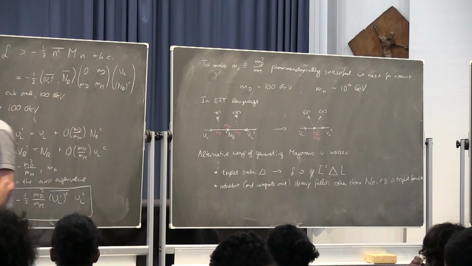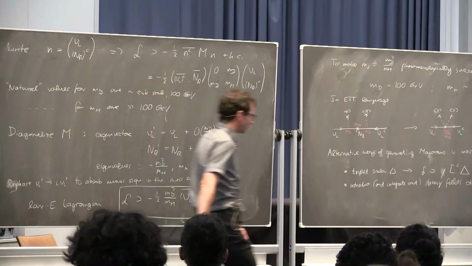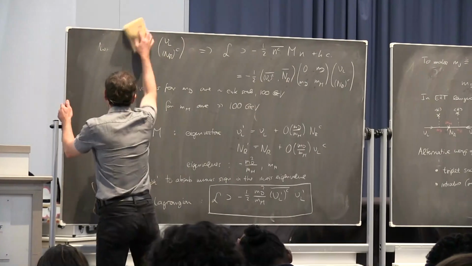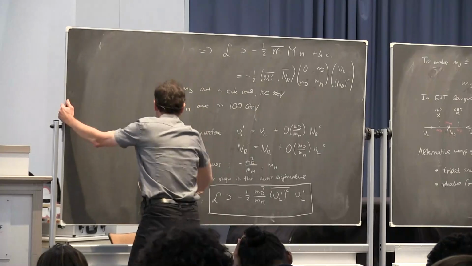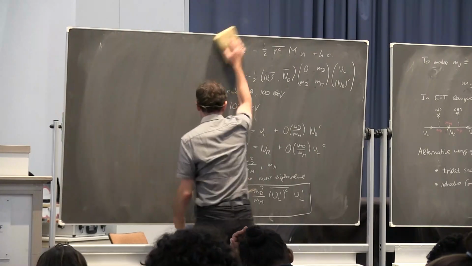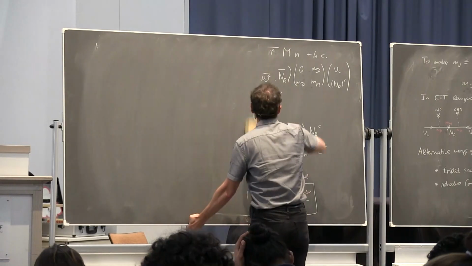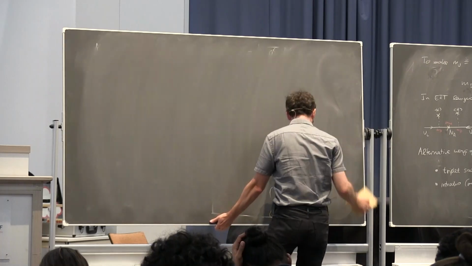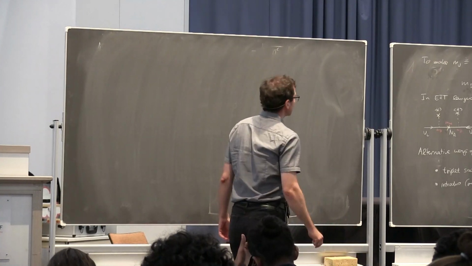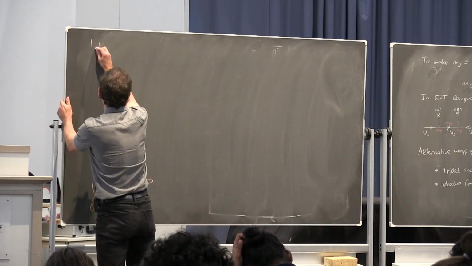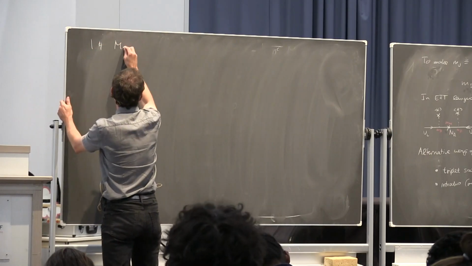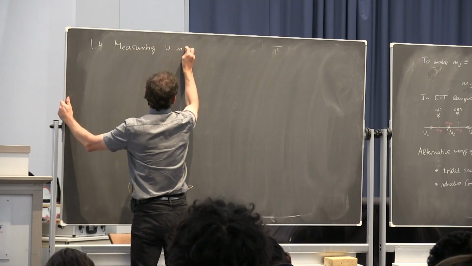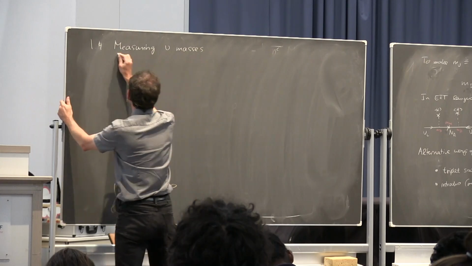Okay, then let's switch gears to measuring neutrino masses. So 1.4, measuring neutrino masses.